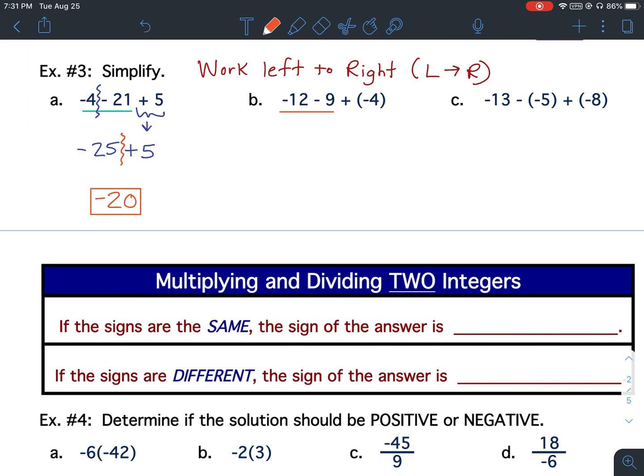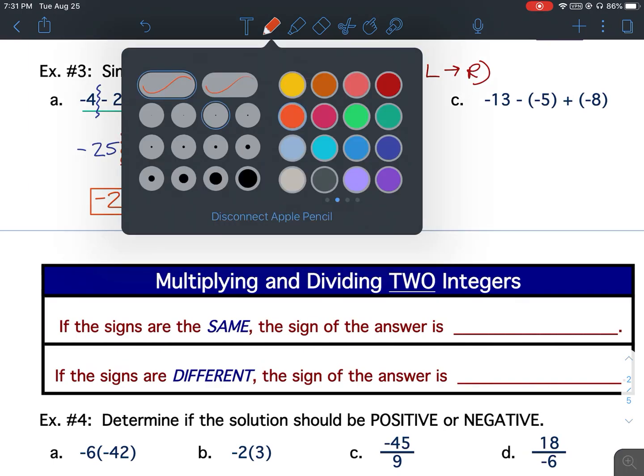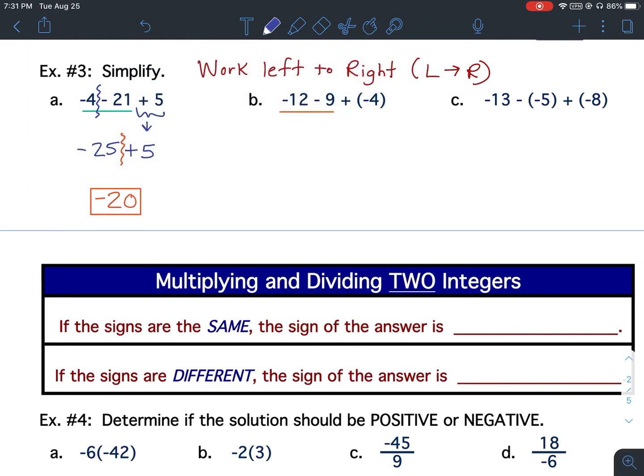Well, first I'm going to combine the -12 and the -9. They're both negative numbers, so I'm going to add them together and get 21, and keep the sign because it's the same sign. So it's going to be -21. Now, instead of bringing down plus -4, I'm going to just bring down the -4.